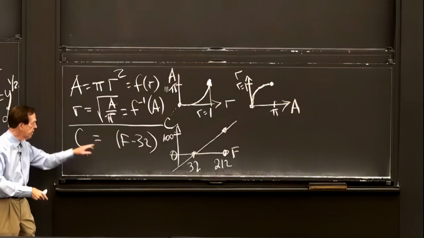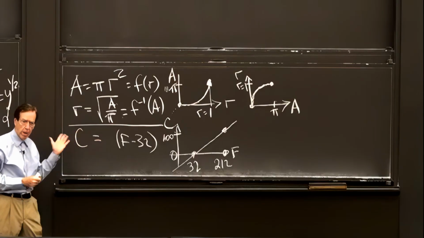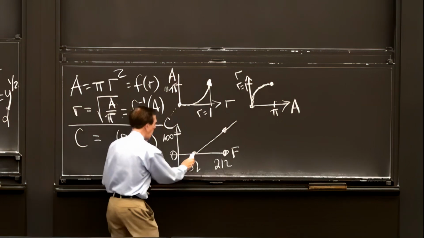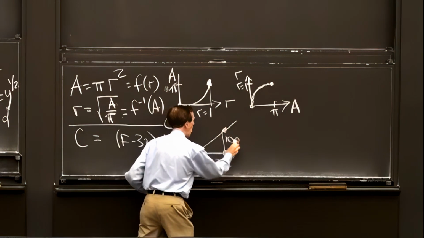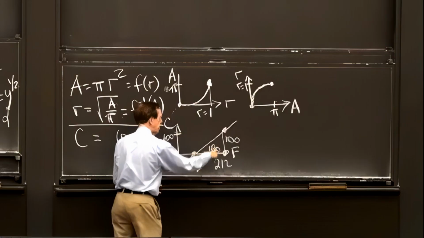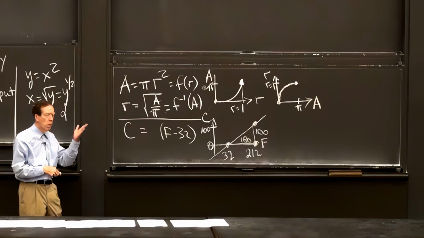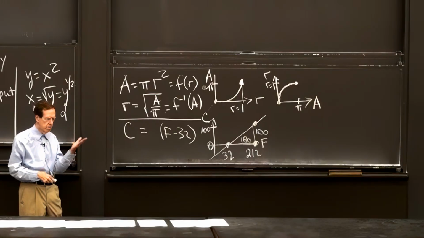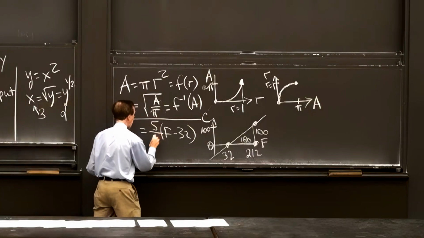And now I want to multiply by the right slope to get up to the right boiling point. So when I go over 180, I want to go up 100. So it's 100 over 180. That 180 was the 32 to 212. So the ratio of 100 to 180, well, 5 to 9 would be easier to write, so let me write 5 to 9.